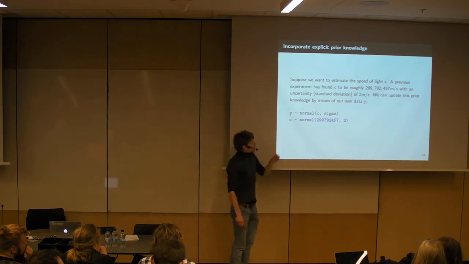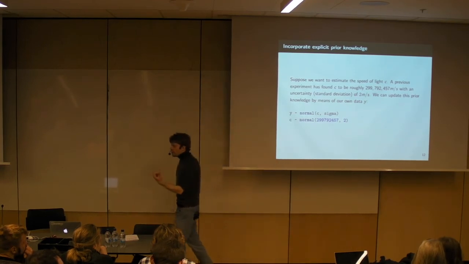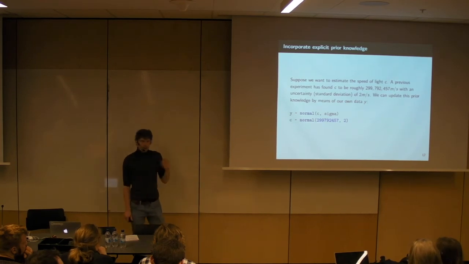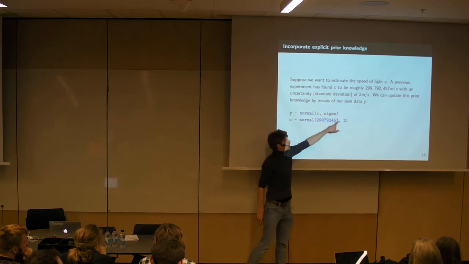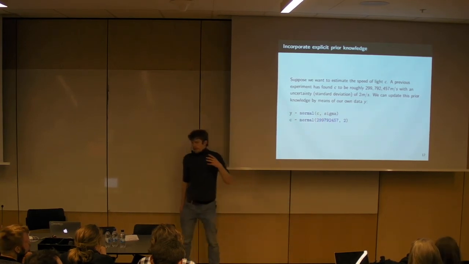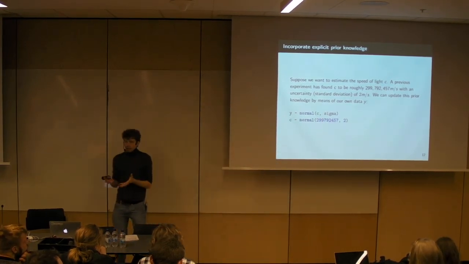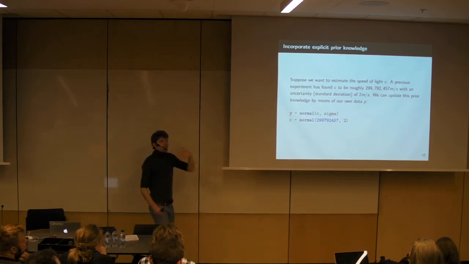And we put an informative prior on c based on the previous experiment, close to 300,000 kilometers per second with an uncertainty of 2.